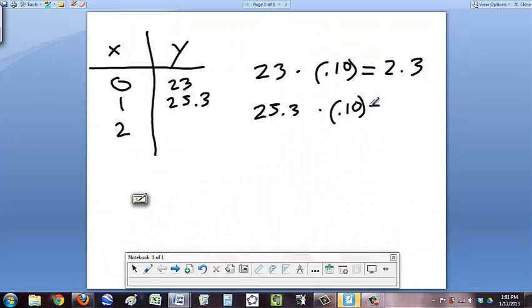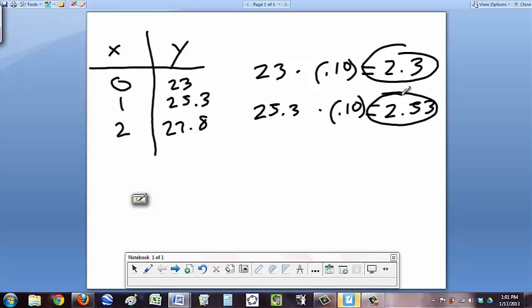So figure out what that comes out to and then add that to the chart. Looks like 27.8 is what goes here. So the first time we added 2.3, and the second time we added 2.53. So we added a different amount. We're adding 2.3 videos to begin with, and then 2.53, which is a little bit more.